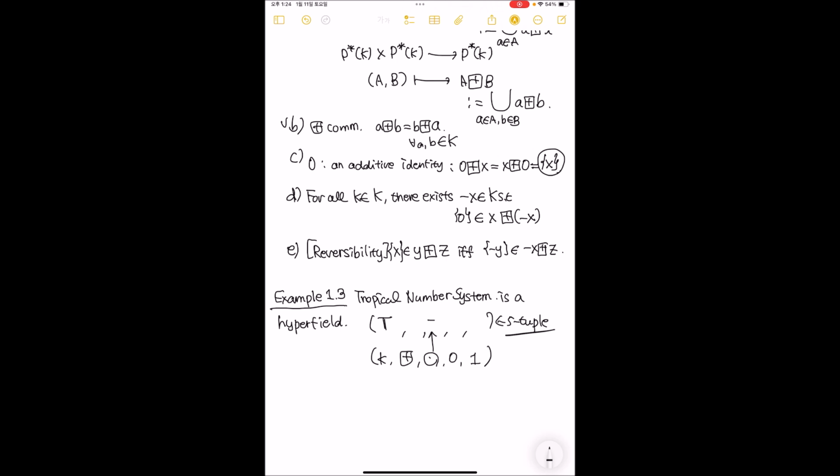That corresponds to the usual sum, and 0 corresponds to minus infinity. As I said, the identity of the tropical sum and multiplication is 0.